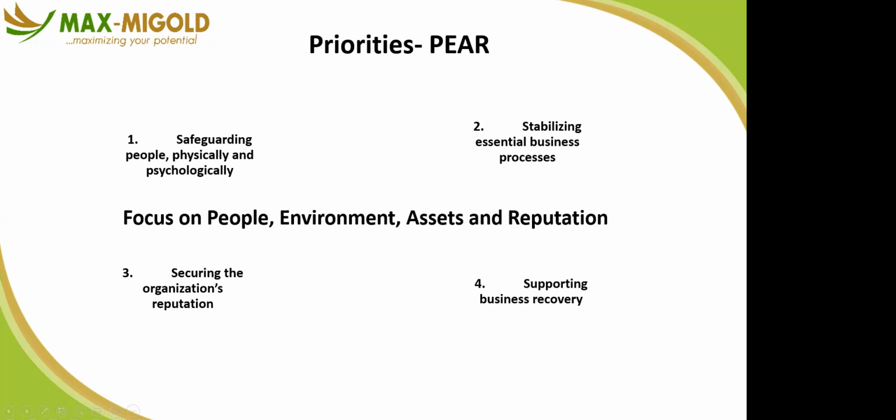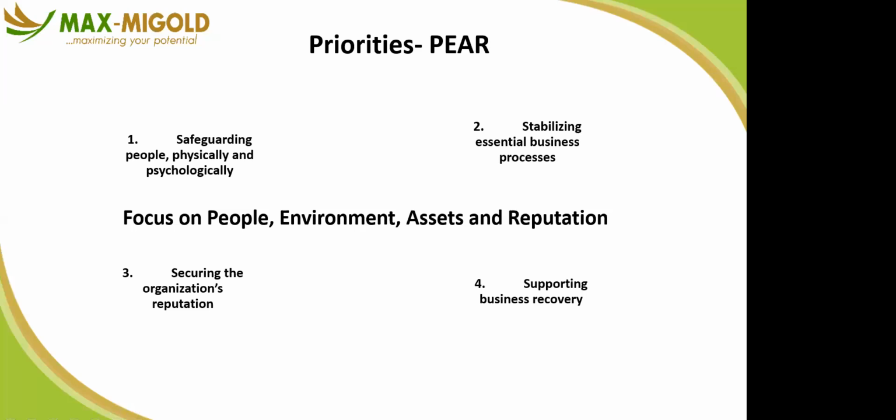So what are we talking about? We need to safeguard people physically, socially and mentally, right? We need to stabilize the business processes so that we can ensure that the assets are even safe. We need to secure the organization's reputation, the image of the organization.